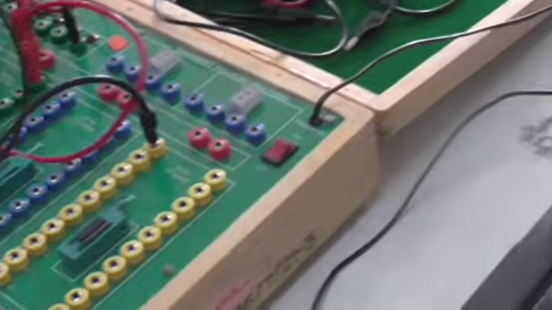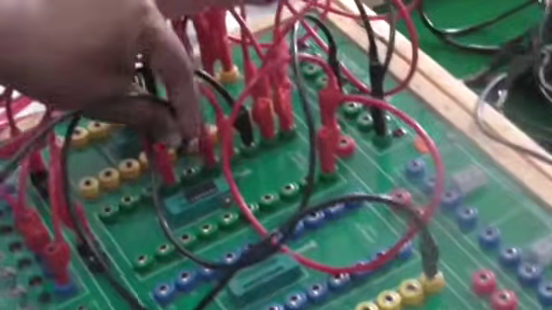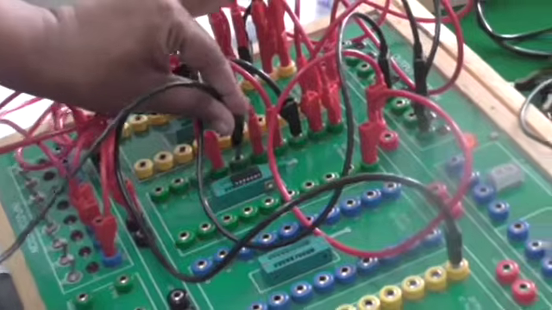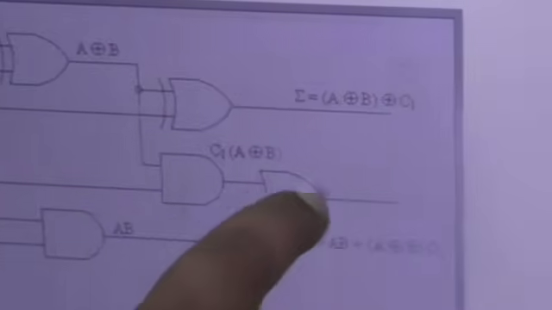Okay, and finally the output generated by the second AND gate. Now you see the figure, the second AND gate output is one of the inputs of the OR gate. Clear?